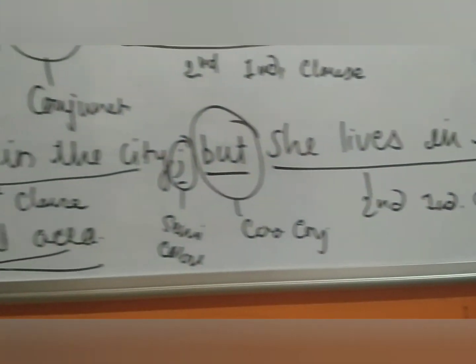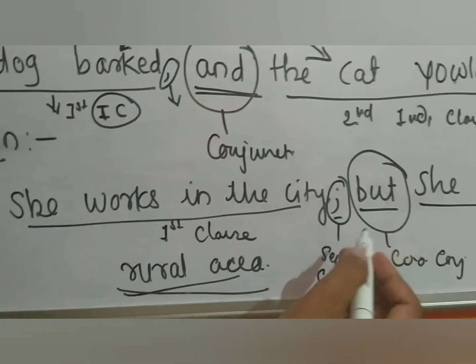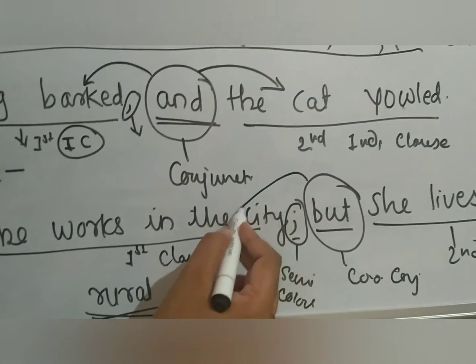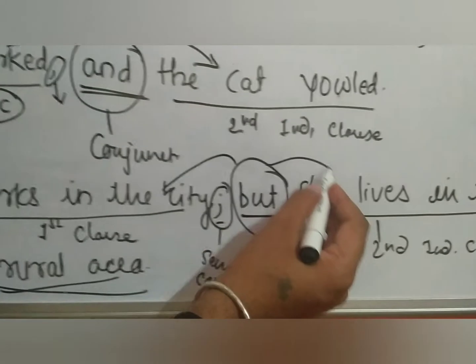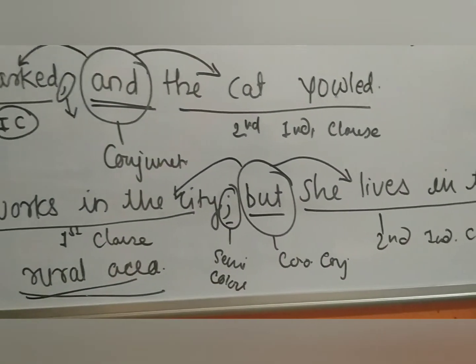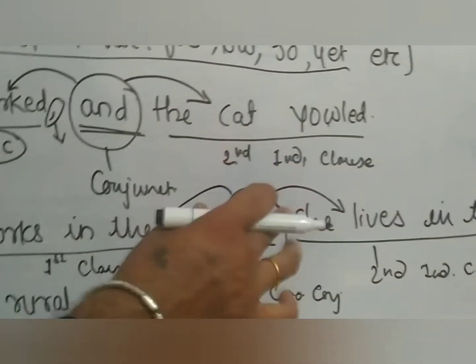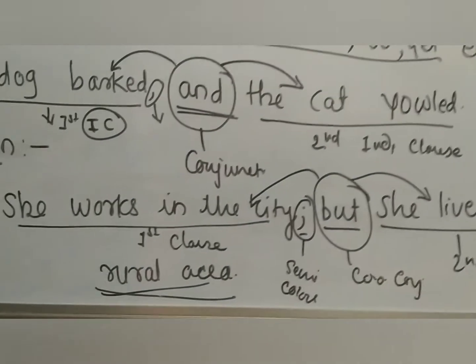Like this we make a compound sentence. Here but joins the first clause and the second clause. This is a proper compound sentence.